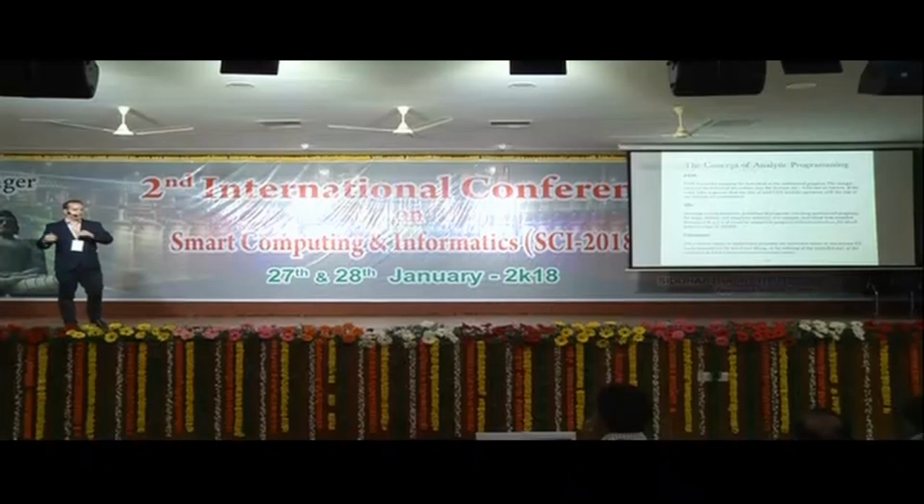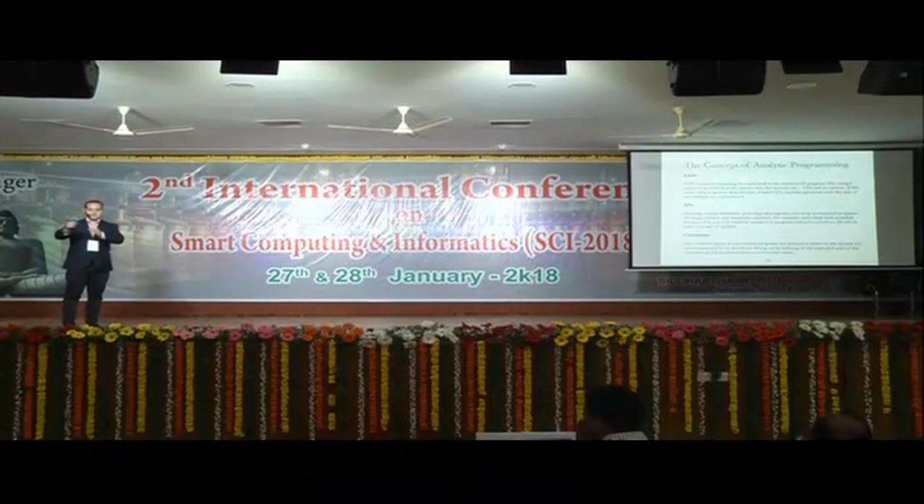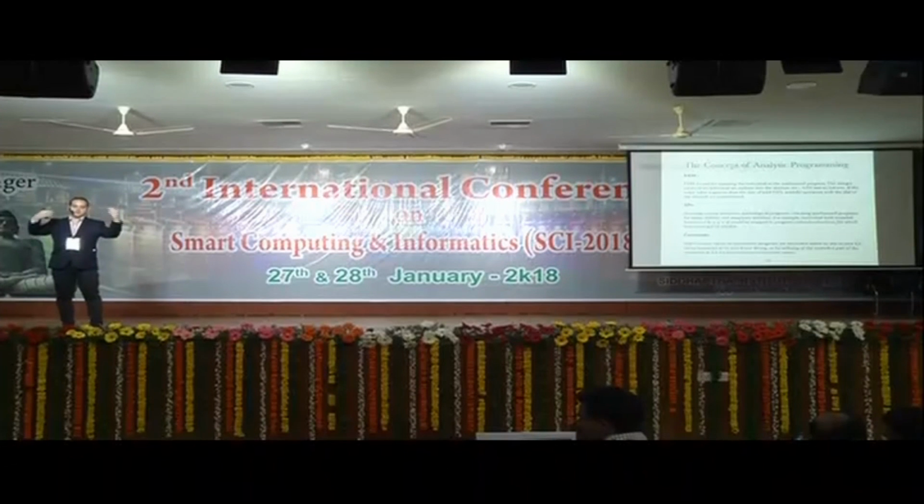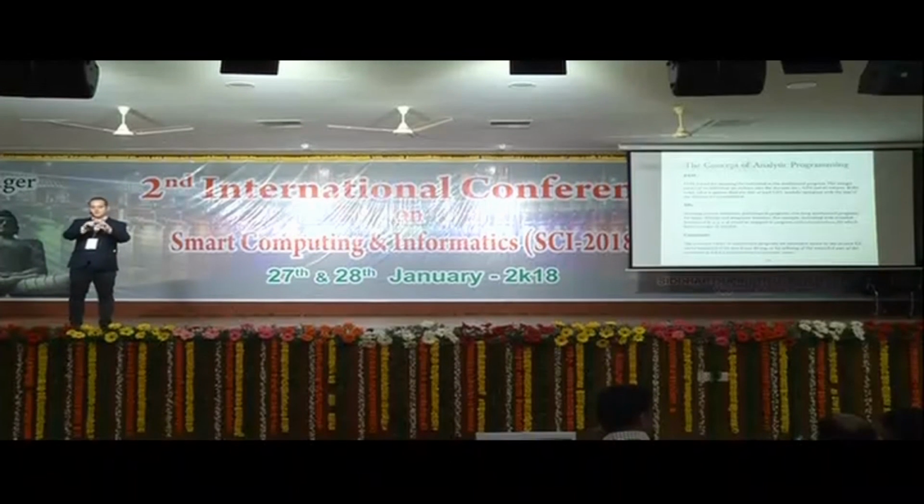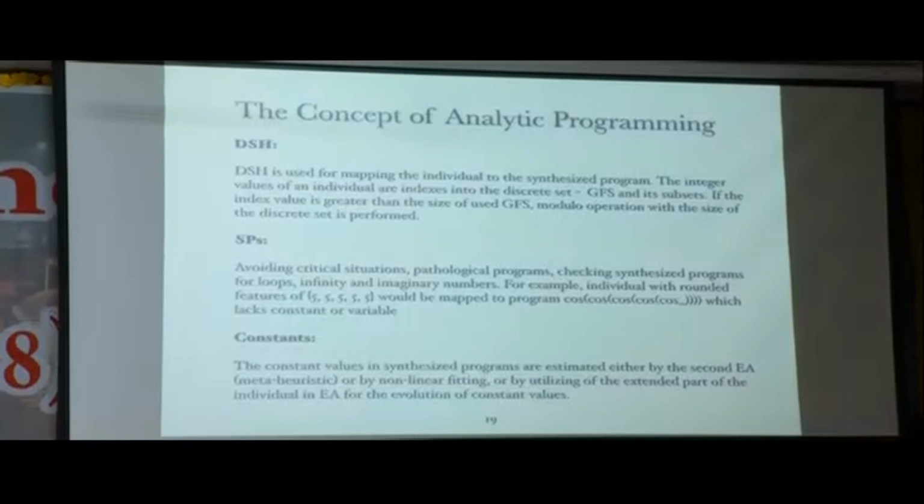So we let the evolutionary algorithms give us some set of integers like 1, 3, 7, 5, and then we take these numbers and link them to the general function set and create the formula. If the formula is good, this solution is good and can be used for the evolutionary process. If this formula is not good, it is erased, deleted. So of course this solution, these integer numbers, are omitted. So this is the discrete set handling.